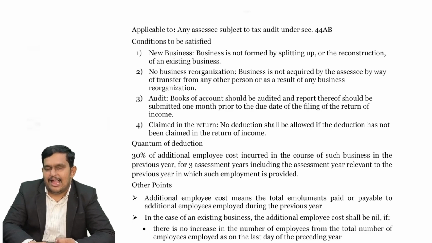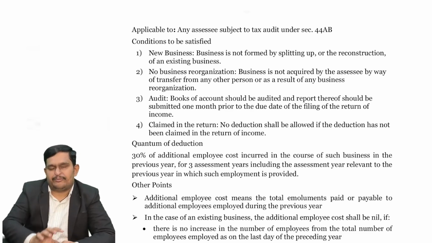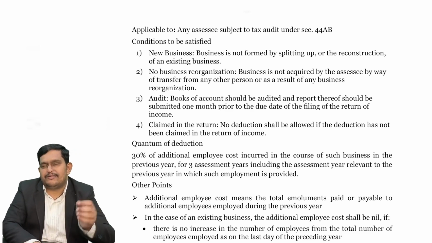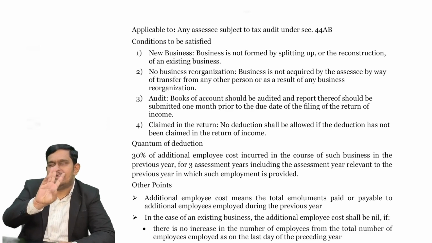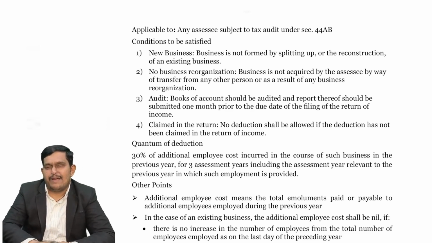Right? And you can claim the deduction for 3 years only. 30% of the wages paid, you can claim as deduction, but only for 3 years. Now you may feel bad, sir, if I pay a wage of suppose 20,000 rupees and only 30%, only 6,000, I can claim as deduction. Did you not understand what I said?